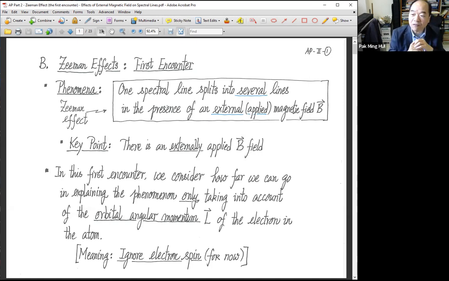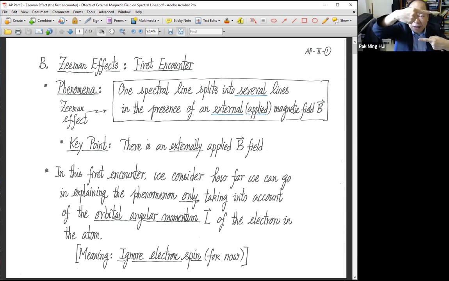First of all, let me define broadly what the Zeeman effect is. In the Schrödinger solution of the hydrogen atom, you have n equals 1 down here, n equals 2 up there. There is a 10 eV difference.